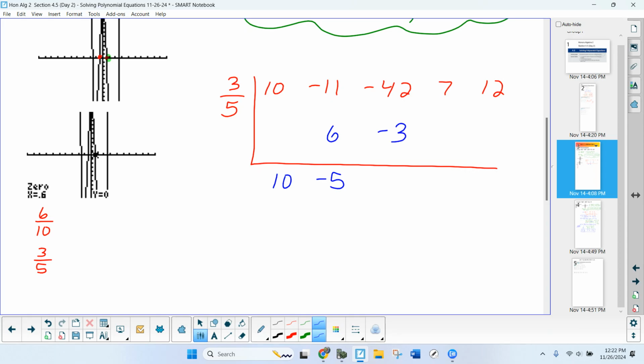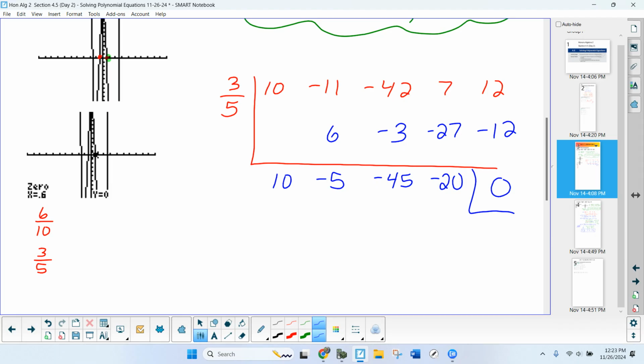What's -42 minus 3? -45. Now what's -45 divided by 5? -9. -9 times 3. Add -20. Okay, now what's -20 divided by 5? -4 times 3. Did we get 0?